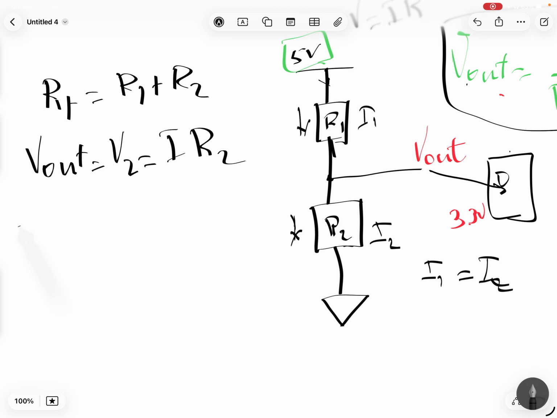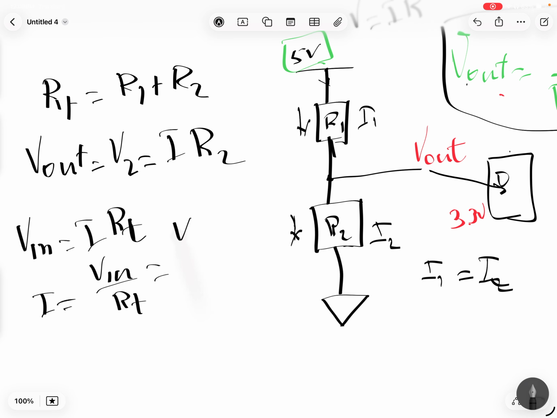So Vin equals I times R total, just like that. From here we can get the current I equals Vin over RT, which equals Vin over R1 plus R2, since the total resistance is R1 plus R2.